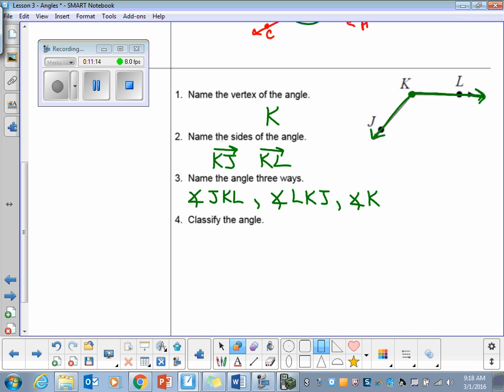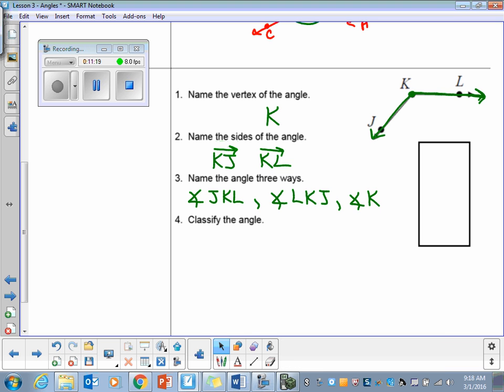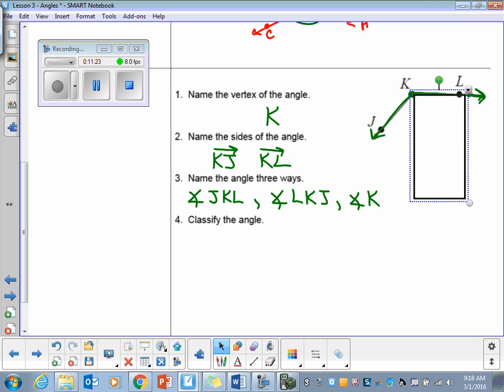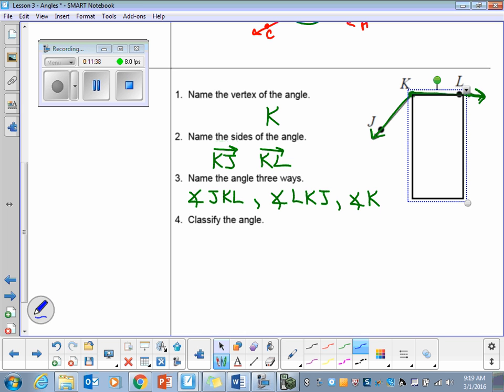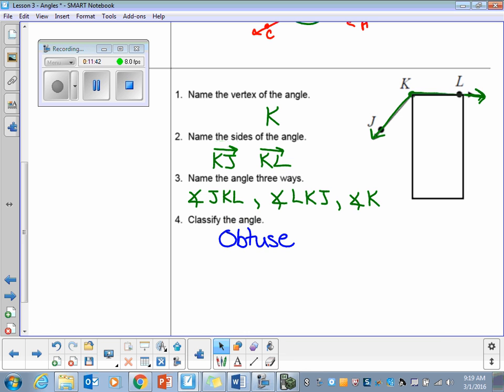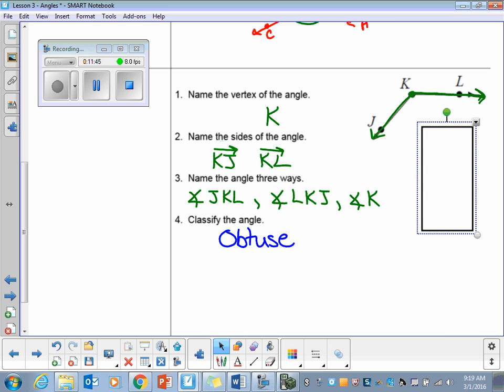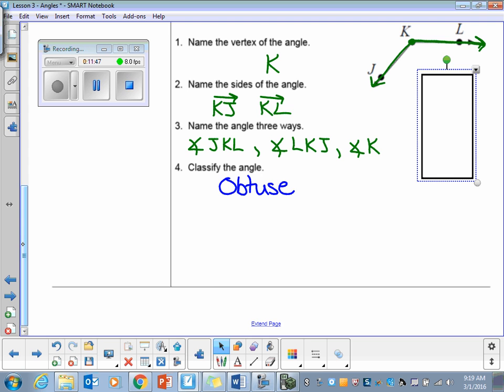I'm going to sketch a fake piece of paper here. When you do the corner test, you can see we're bigger than 90 degrees. The corner of your paper is 90 degrees. So this is greater than 90 degrees, but it's not a straight angle. It's not a line. So that makes this obtuse. Okay, I really like the corner test to help me figure things out when I don't have a protractor handy.